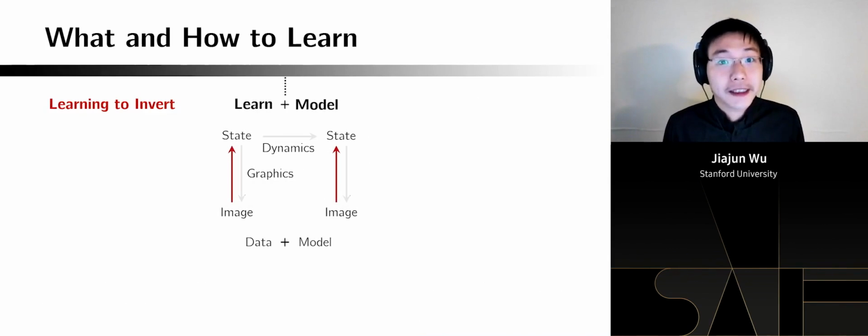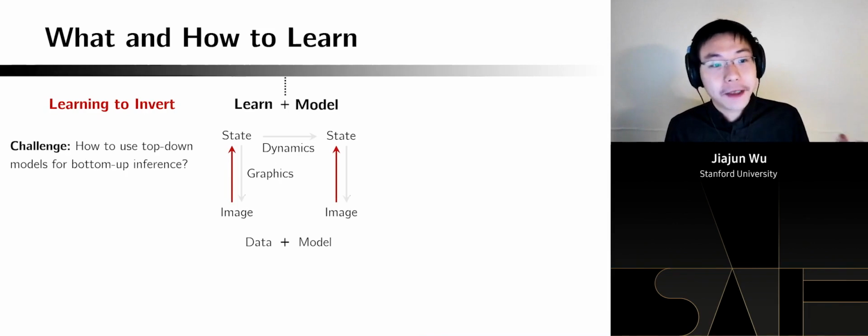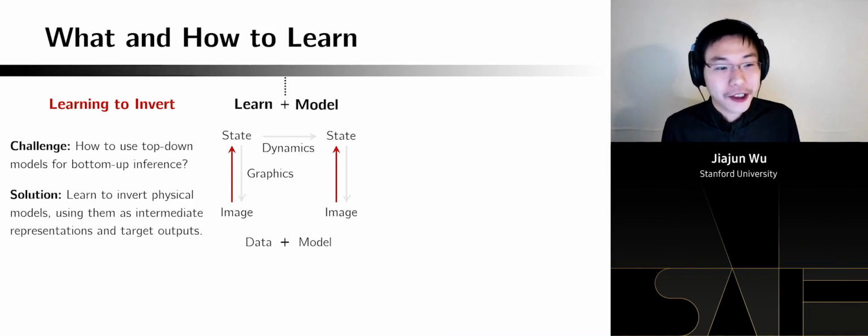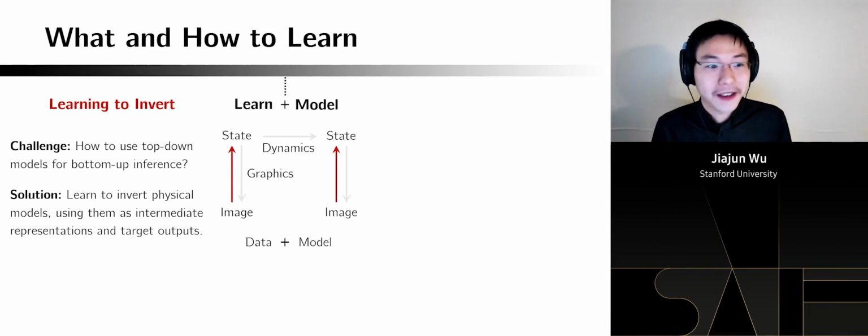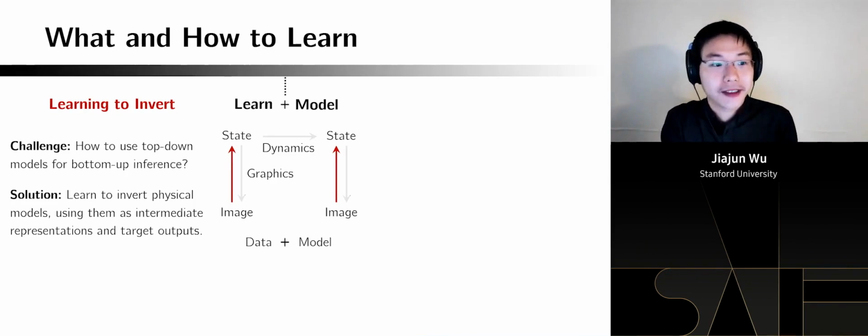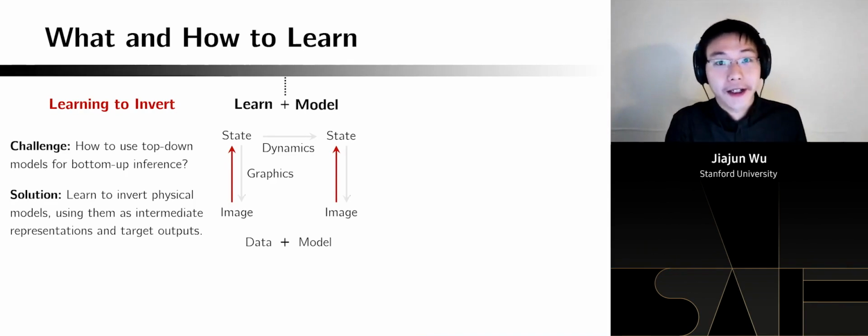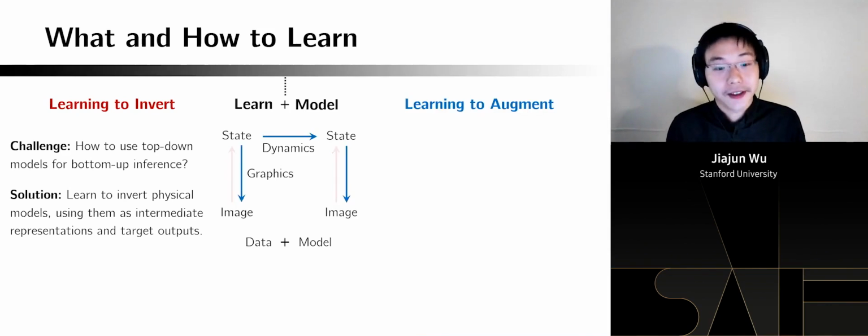Concretely, we have two themes of research. One is learning to invert. As we said, how can we use top-down models for bottom-up inference? Our solution is to learn to invert the physical model, taking the intermediate representations, or the targets from the physical model, as our training targets. The other is learning to augment.